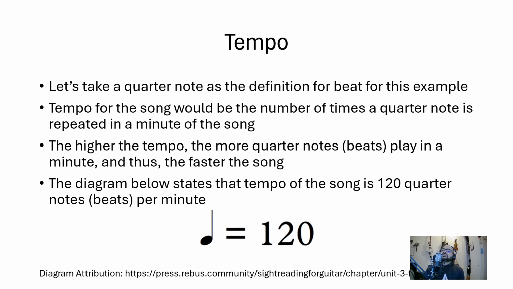The diagram over here tells you that the tempo of the song is 120 quarter notes per minute, and quarter notes are the same as beats, so that comes down to 120 beats per minute, or BPM. You're going to commonly come across tempo being represented in that unit.